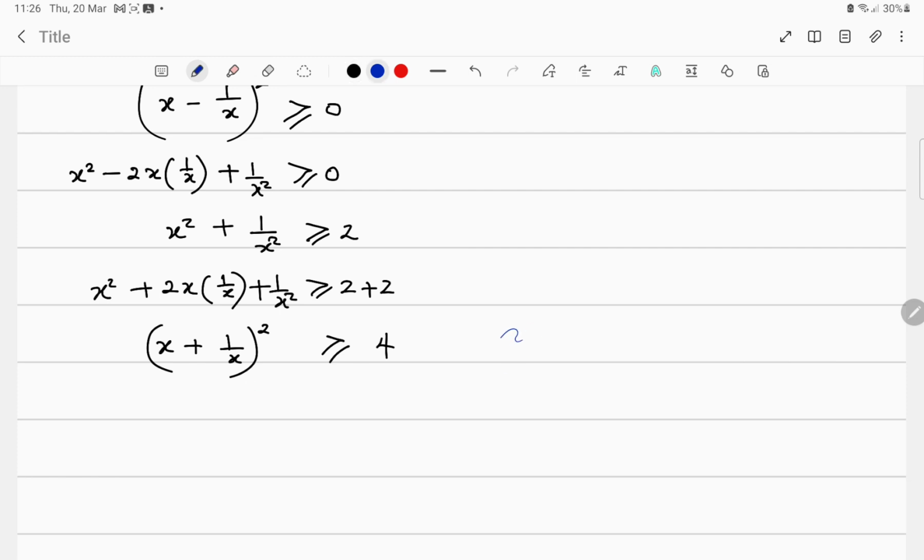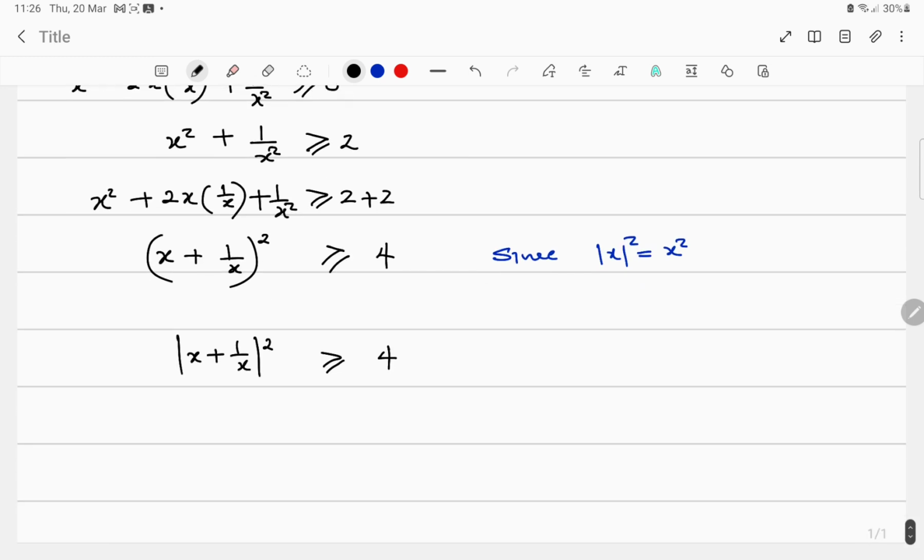By the property that modulus of x squared is equal to x squared, this retains modulus of x plus 1 over x squared is greater than or equal to 4.